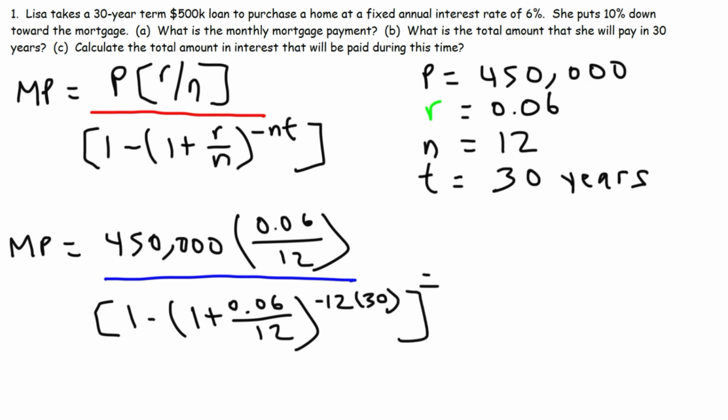Now let's simplify the math before we plug everything into the calculator. 450,000 times 0.06 divided by 12. That's 2250. One plus 0.06 divided by 12.